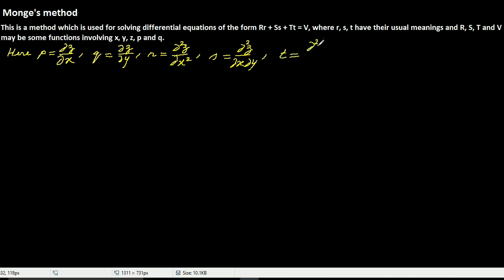And t is equal to del 2z over del y squared, that is the partial derivative of q with respect to y. So these are standard notations used in partial derivatives.